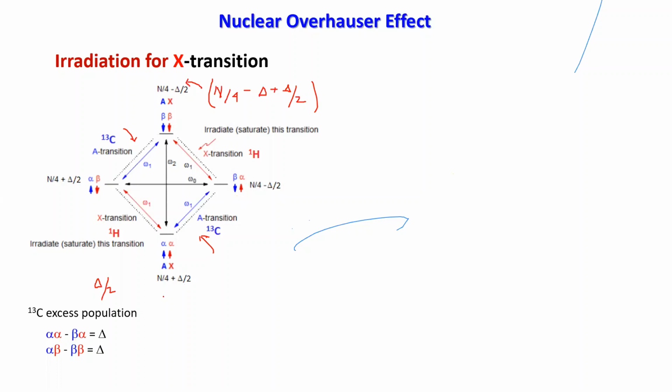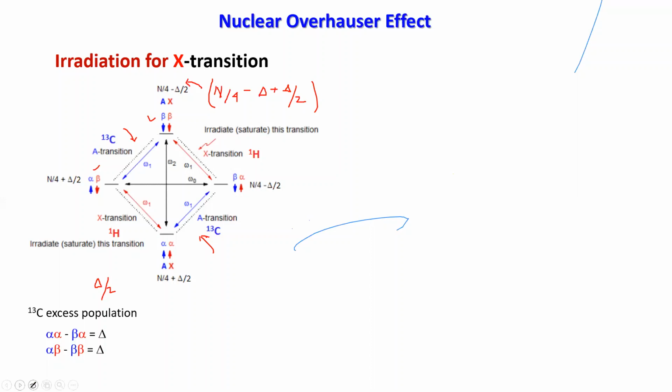If you do the subtraction, n by 4 plus del by 2 minus n by 4, it will be plus del by 2, so ultimately it will be del. Similarly, we will get it from here also. If you do alpha beta, this one minus this one, you will get a similar value, del. So the 13C population is not changing, it is becoming del only.